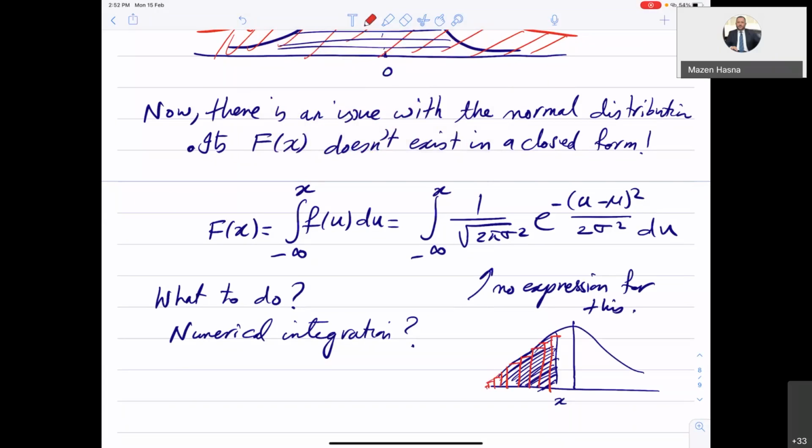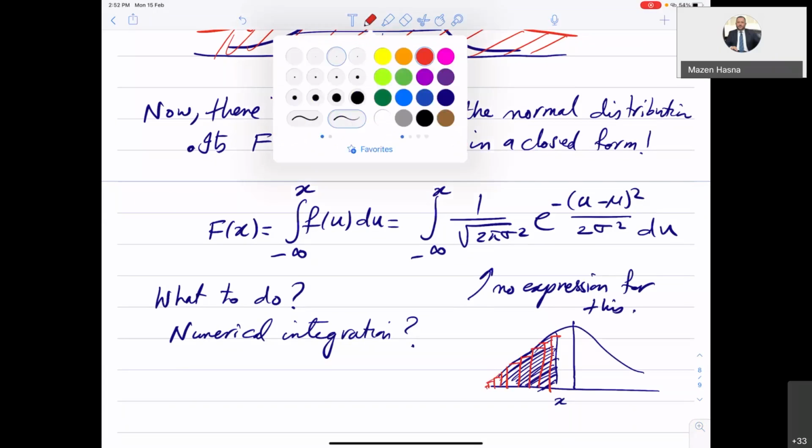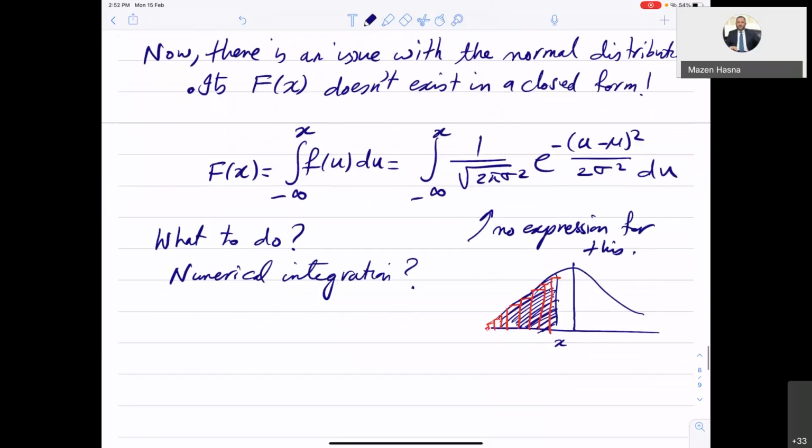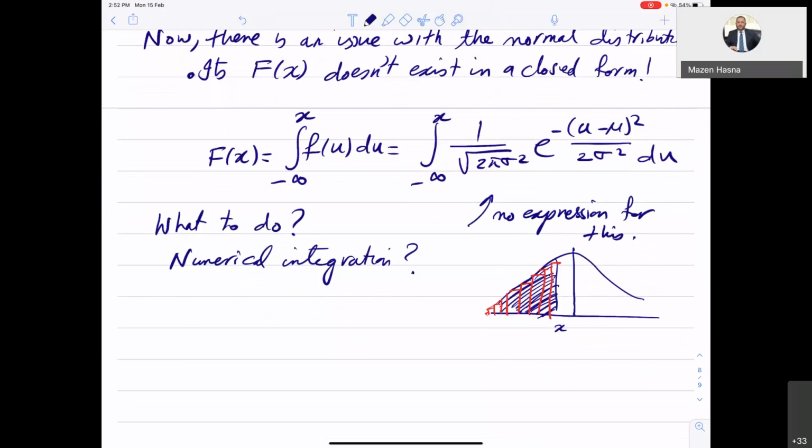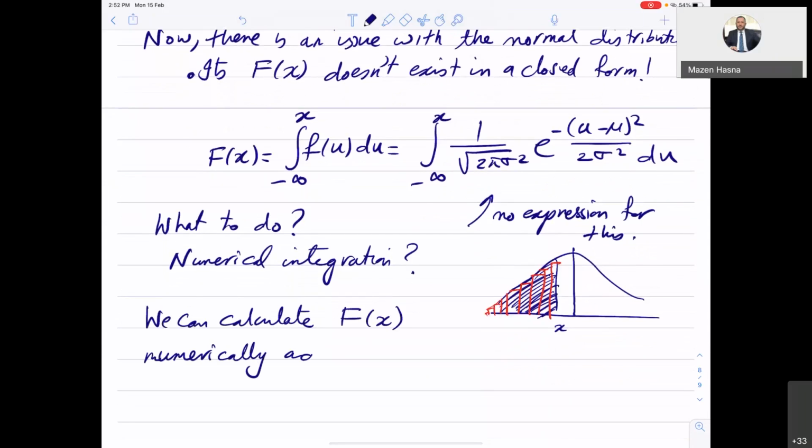This will give you an approximation of the area under the curve. So we can calculate F of x numerically and then tabulate it.